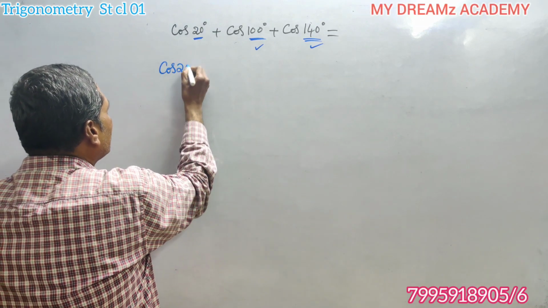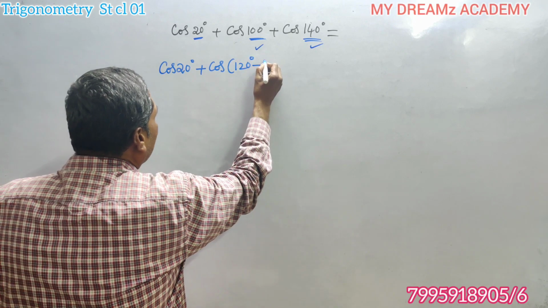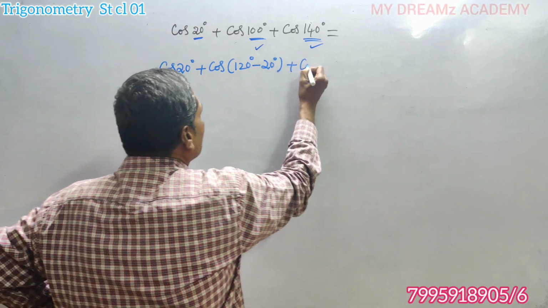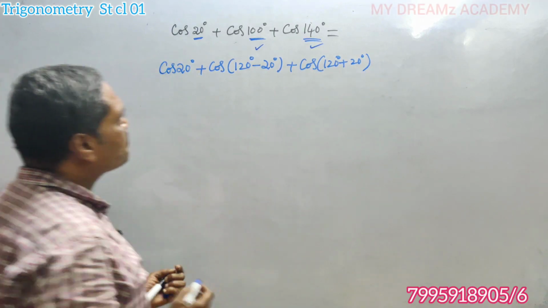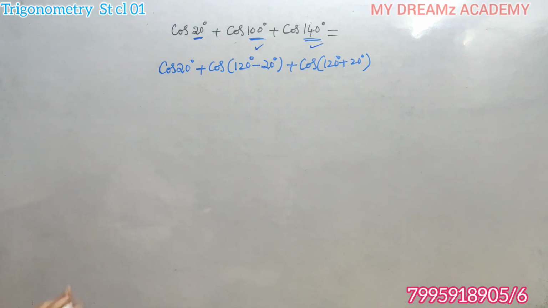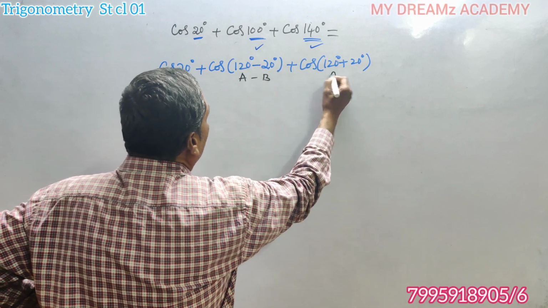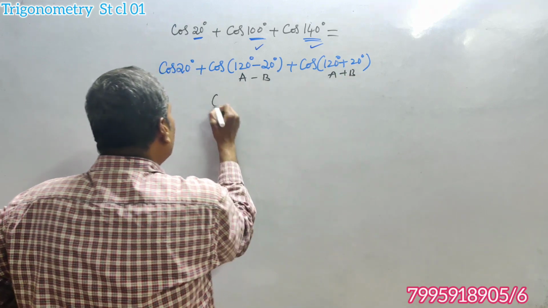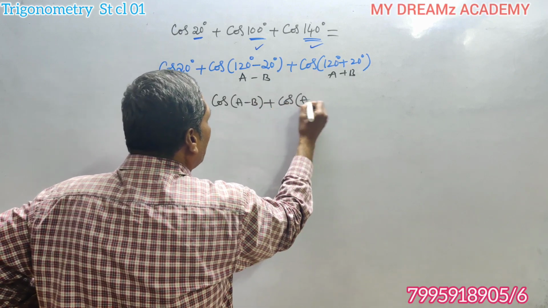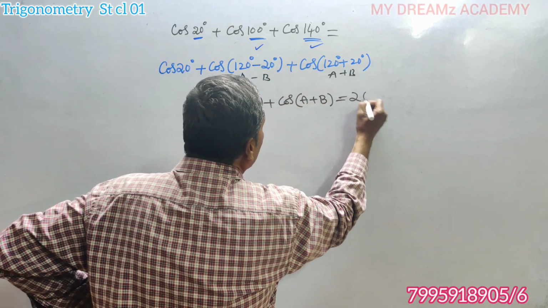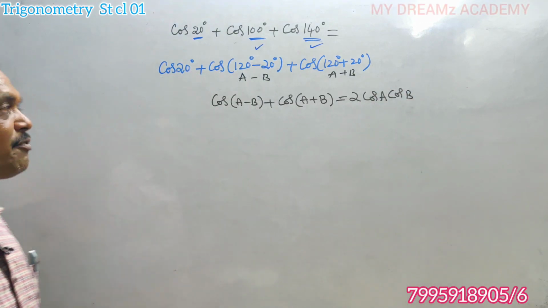Cos 20 plus cos (120 minus 20) plus cos (120 plus 20). See this. Now here I can apply the cos of A minus B formula and cos of A plus B formula, or simply cos of A minus B plus cos of A plus B, which is 2 cos A cos B, by applying the compound angle formulas.